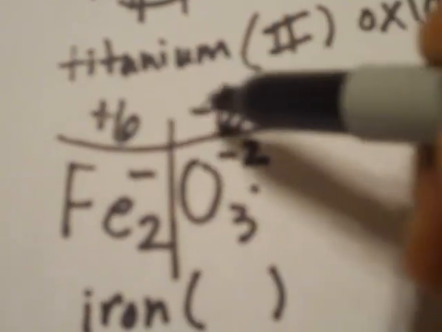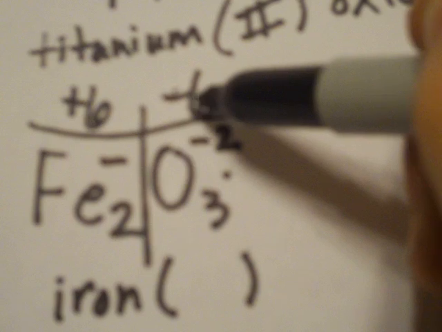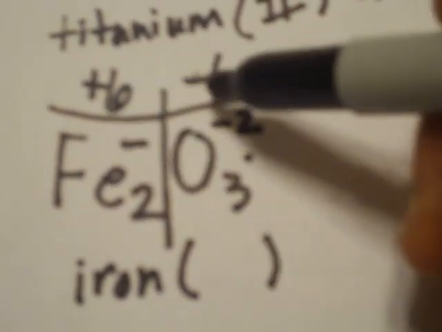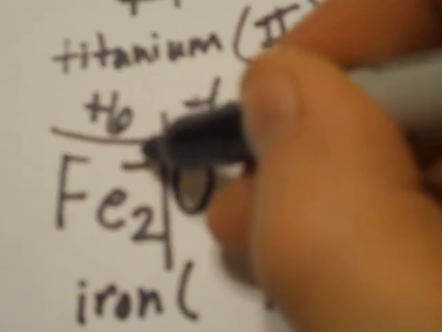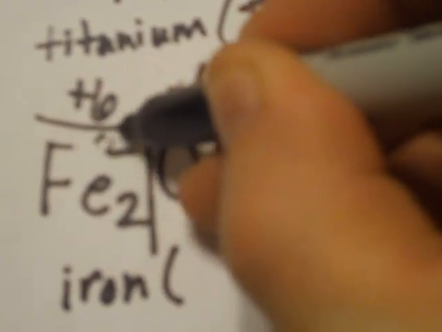And whatever this is, the exact same number but opposite, because I know balanced compounds have balanced charges. So -6 and +6 balance. And so now the only blank left is what is the charge on my iron? Well, 2 times what is +6? +3.